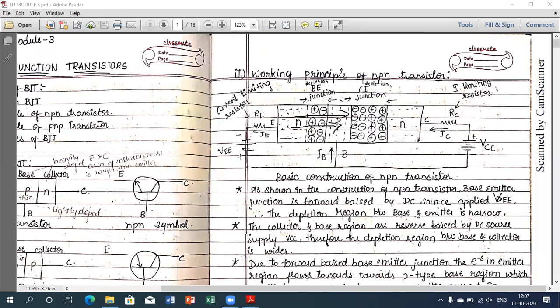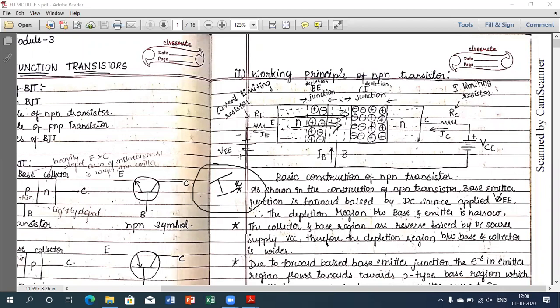Due to this movement of electrons from emitter to base, one current is constituted, and we call it the emitter current, denoted by IE.